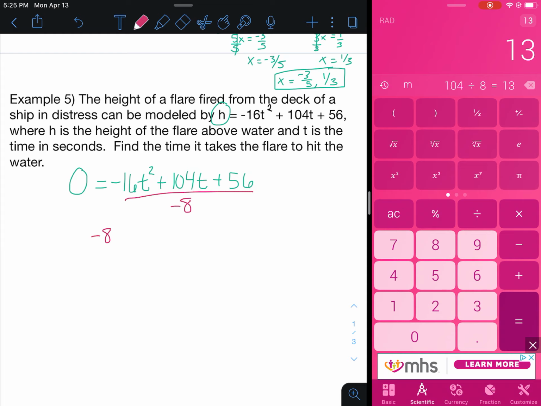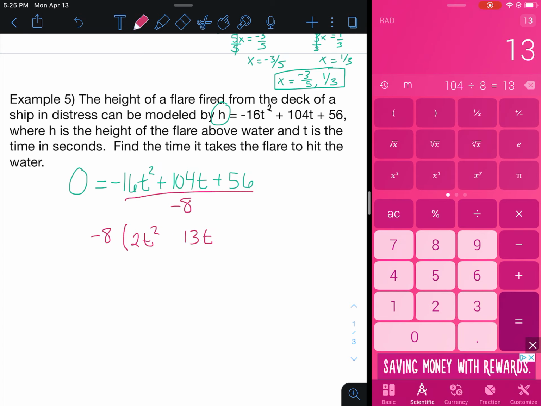That way, my first term is positive. You could divide by just regular 8, and you'll still get the same answer. So negative 16t squared divided by negative 8 is 2t squared minus 13t, because we're dividing by a negative. And 56 divided by negative 8 is going to be negative 7.